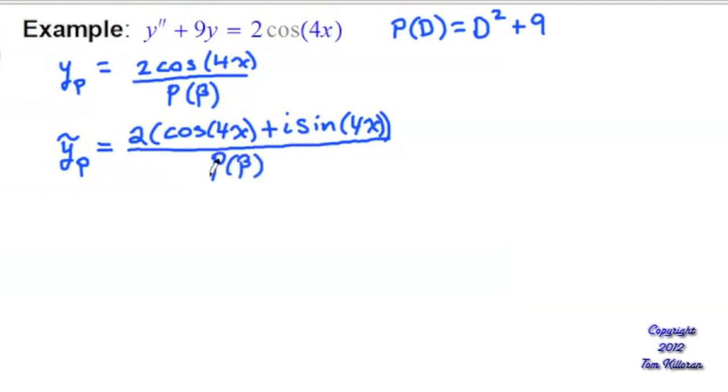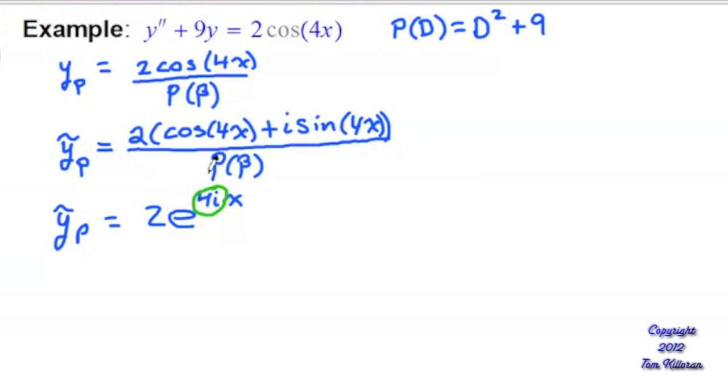Okay, so the top part can be rewritten using Euler's formula to be 2e^(4ix). So that just means that beta in this case is this 4i that's up here in the power. As long as the variable's pulled away, whatever's left over is the beta.